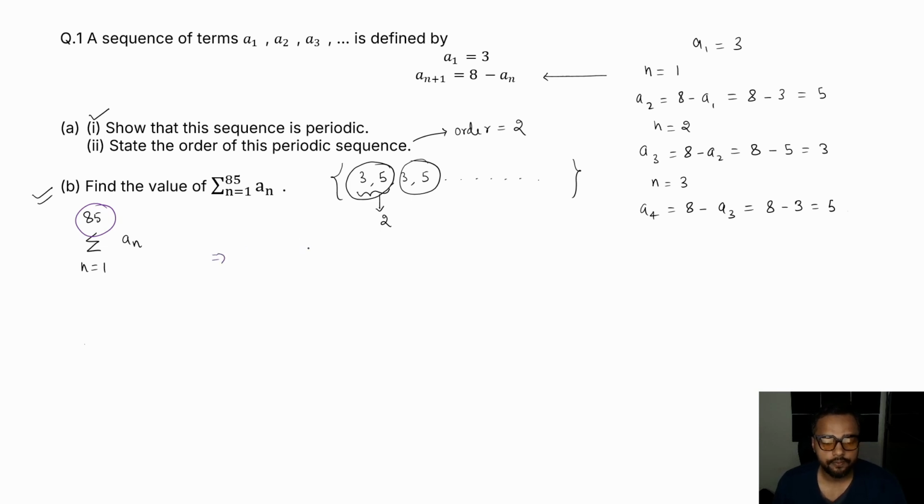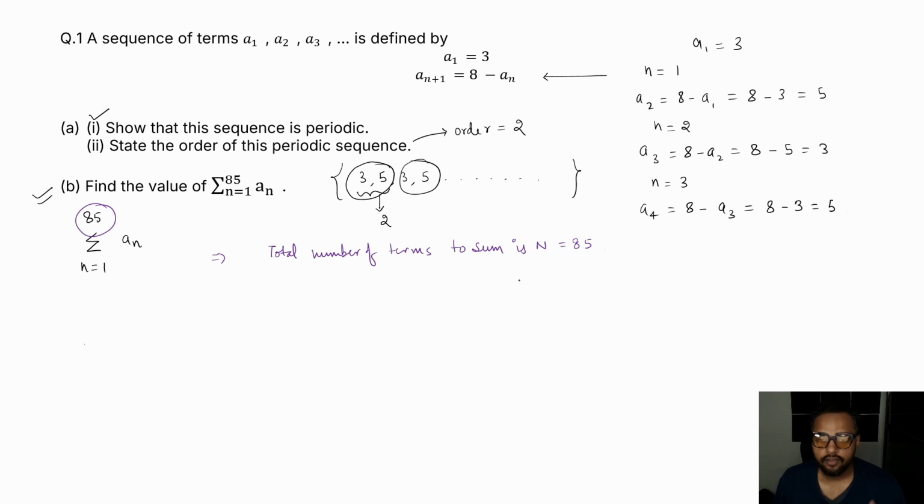First, we'll be taking out the total number of terms to sum, which is equal to 85. So we'll be writing here, total number of terms to sum is n equals 85.